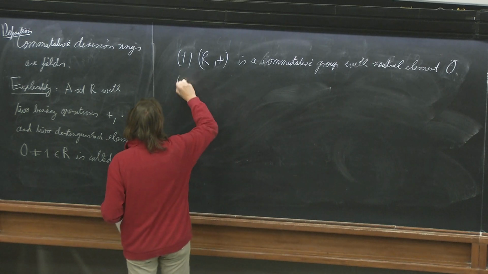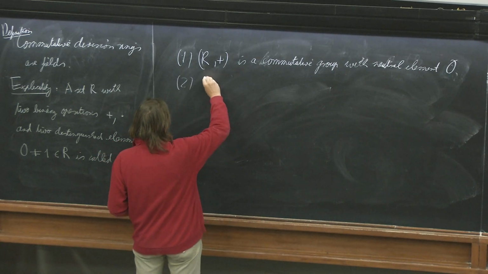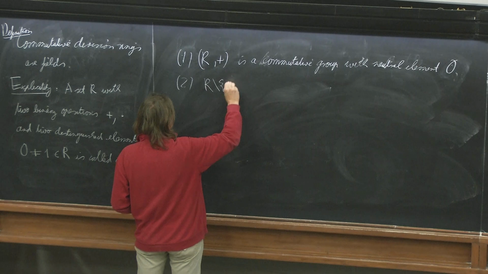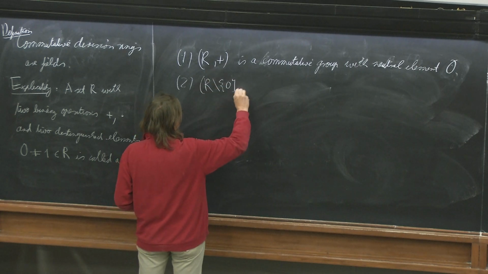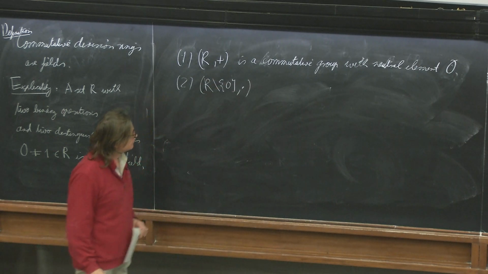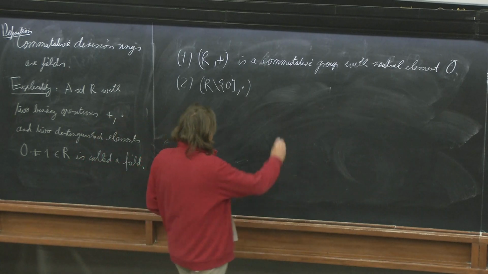Then for the multiplication, if I take R without 0 with the multiplication, this is also a commutative group with neutral element 1.